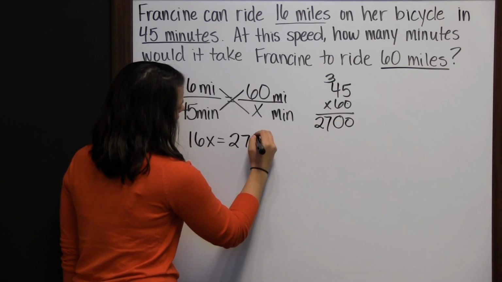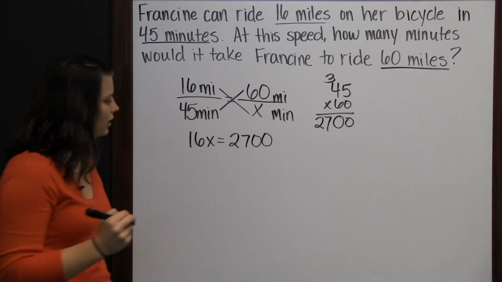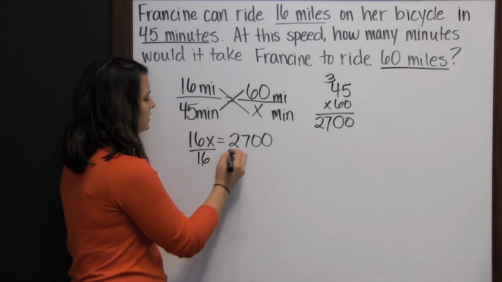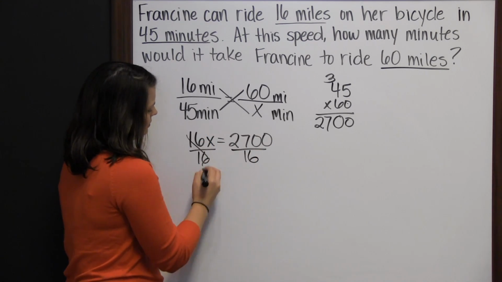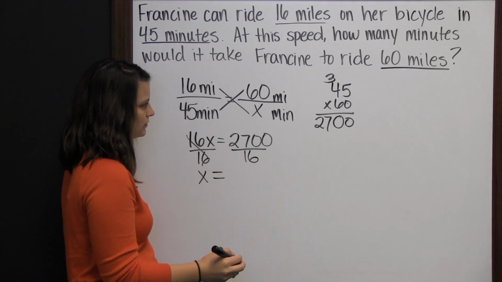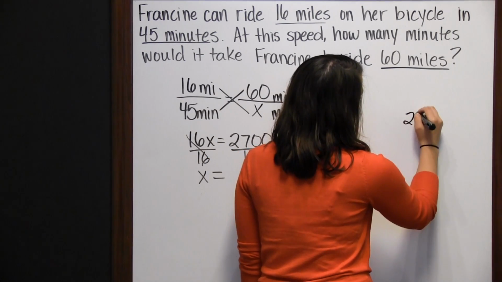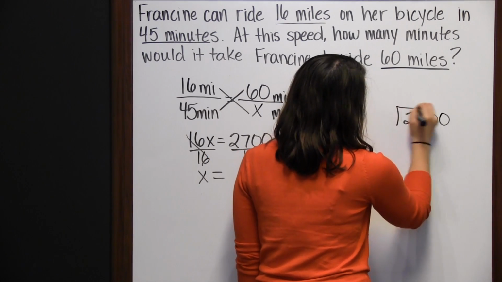So 2,700. And then we solve for x by dividing both sides by 16. So x equals, and now I need to find out what 2,700 divided by 16 is.